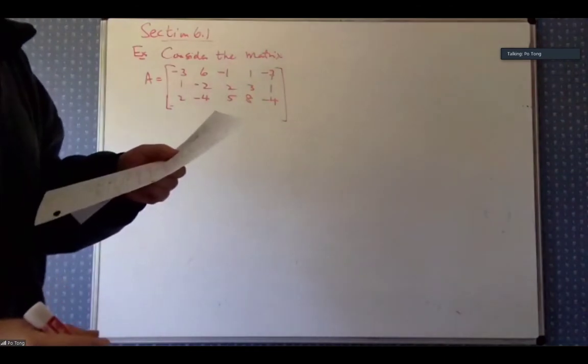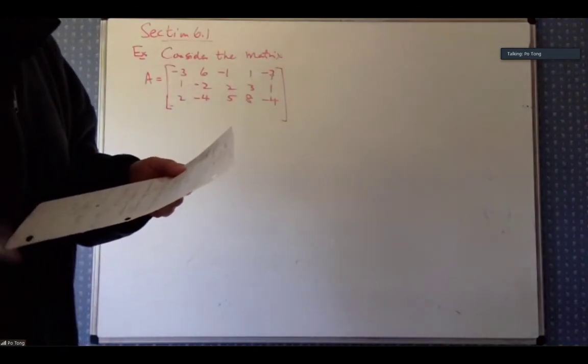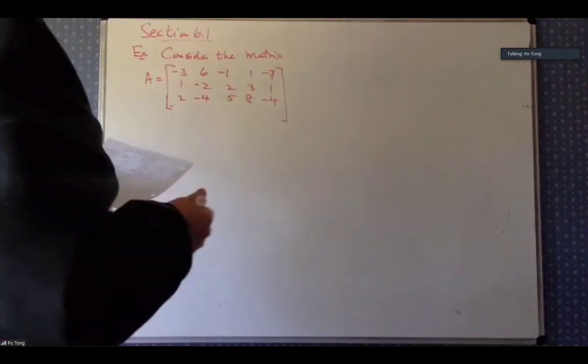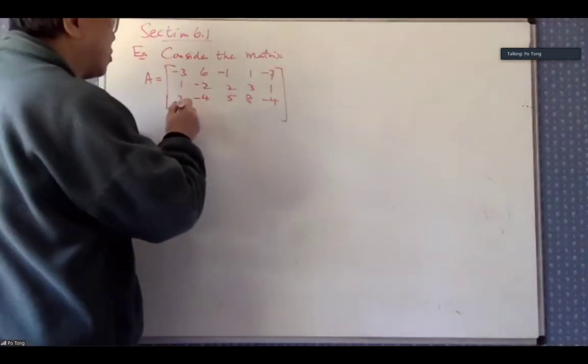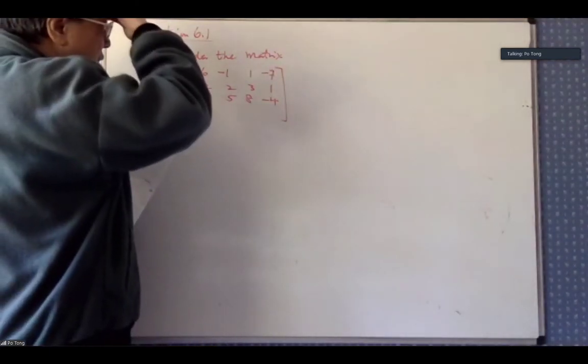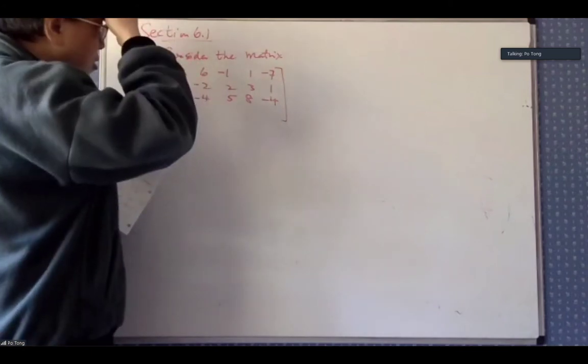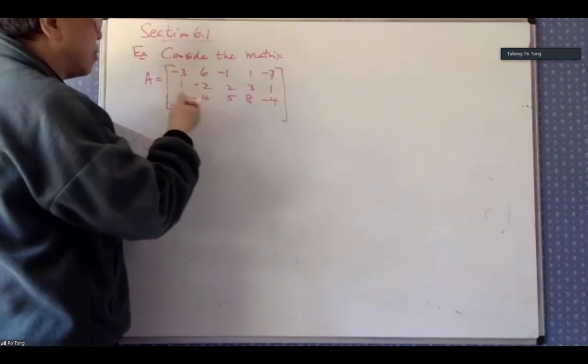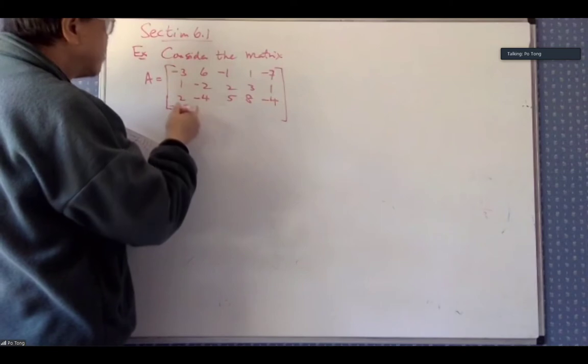I'm going to also add one more row to this matrix I did last time. So I changed it a little bit. I'm going to put one more row in here, just for illustration purposes, I think it will illustrate a little bit better.